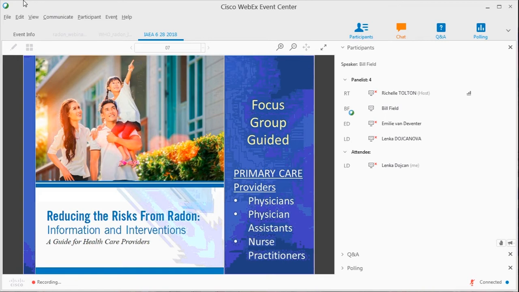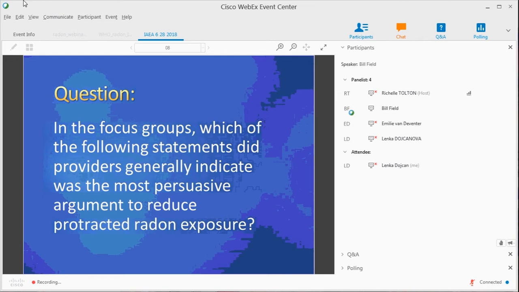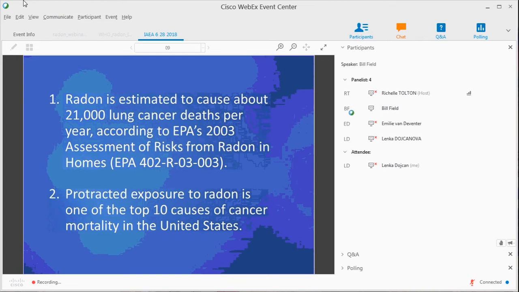One of the things we really were interested in, we asked which statements. We had a lot of different information we were providing, and we were looking at statements that we thought could be motivational for physicians to take action on radon. So just as an example, we gave the focus group a lot of different choices, A or B, or 1 or 2 in this case, to see which was more motivational for them, being motivated to actually test themselves and then develop materials for their patients.